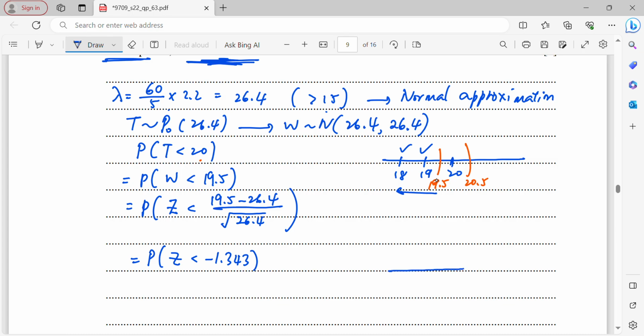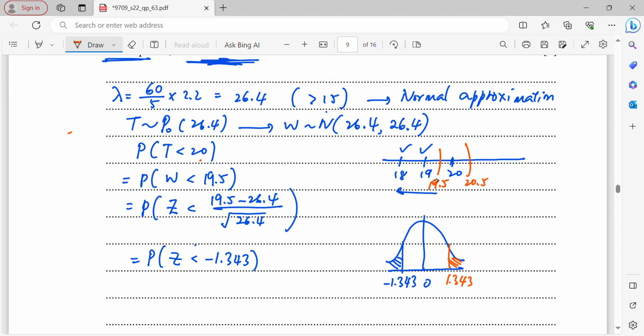So now when I sketch a graph, negative 1.343 is on the left hand side, and since this is less than, therefore the region is towards the left side. Now I will flip this region, and I will label this line as 1.343.